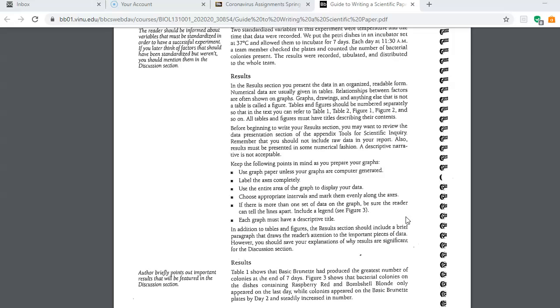And then you're going to need to be sure, and if you're using a graphing program, this does this already, that you're using the entire space of the graph. If you are graphing by hand on a piece of paper, you want to be sure that you are utilizing the entire space of the paper so that you don't have a lot of just blank area.